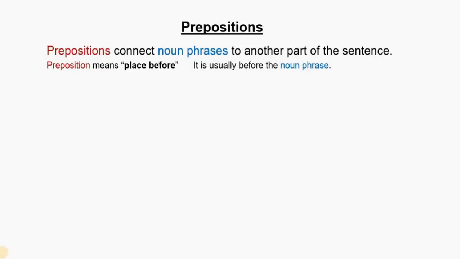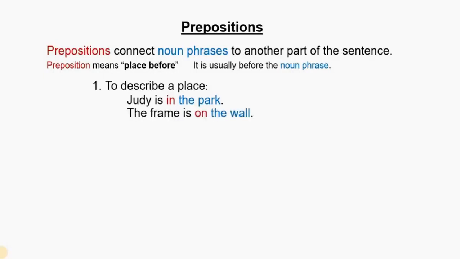The first one is to describe a place. Example, Judy is in the park. The frame is on the wall. So these are prepositions of place.